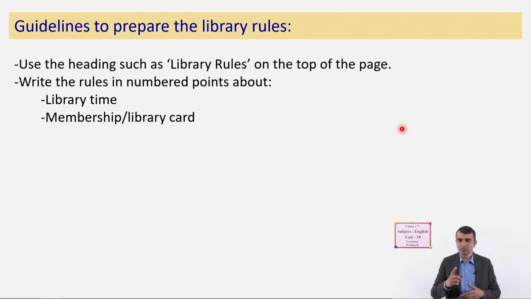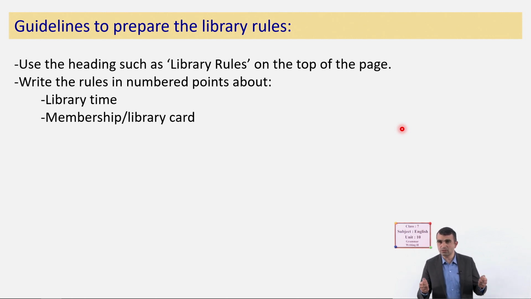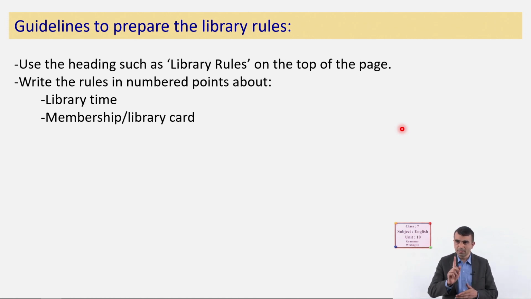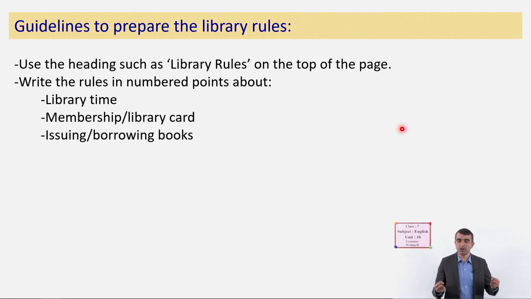You must take your ID card, library card, or you must have your library membership card to use the library, or whatever you write, and the rule. Now, third rule you can write about issuing or borrowing books. What is the rule of issuing books? Can you issue 5 books at a time, or what?